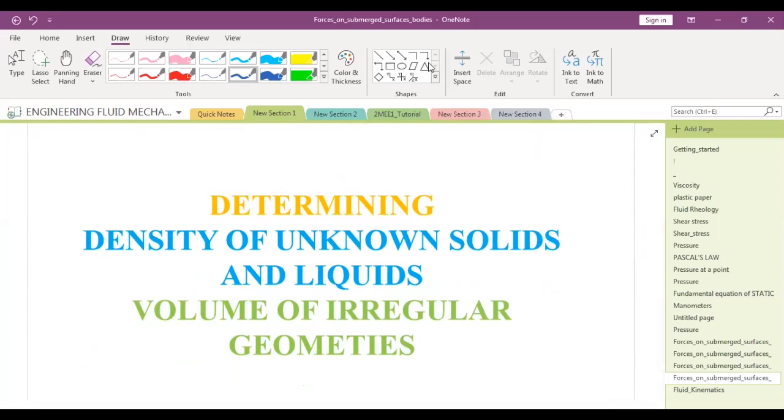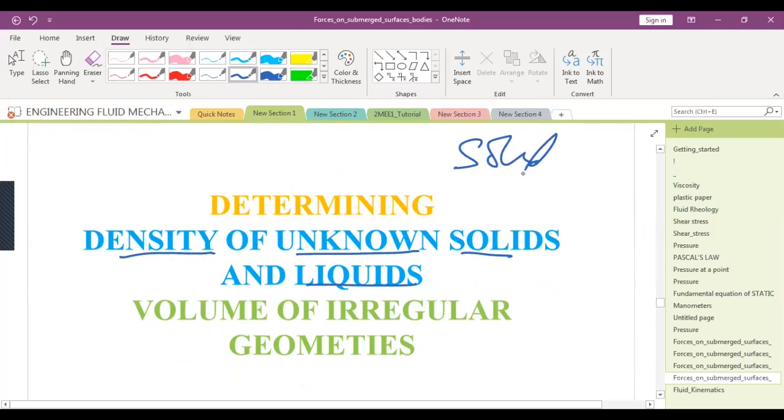Now I'm coming to today's lecture. So I have repeated some part and the rest you can see in the video as well. This principle can actually be used for determining the density of unknown solids and liquids. तो मान लीजिए आपके पास कोई unknown solid है, you want to find out its density, then you can use Archimedes principle by measuring its weight in air and in water.